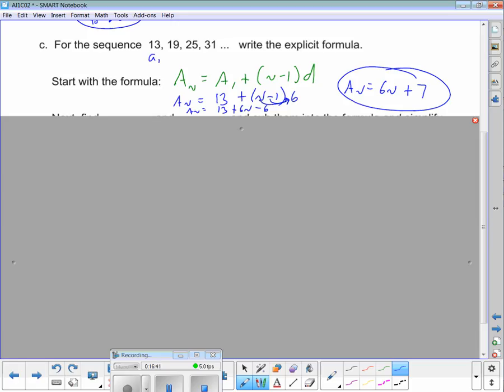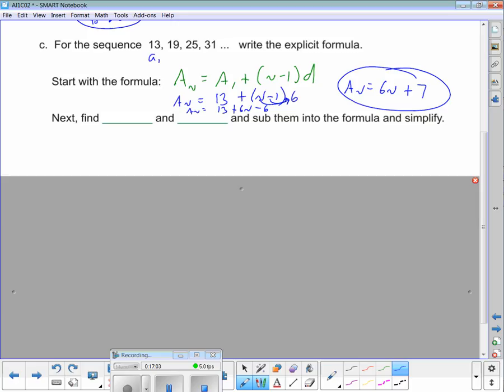I subbed in d, and I simplified what I had. So if I do ask you for the explicit formula for a given sequence, make sure you finish at a sub n equals 6n plus 7. Don't stop here. Do your math and distributing, right? Simplify it. Hopefully that makes sense.